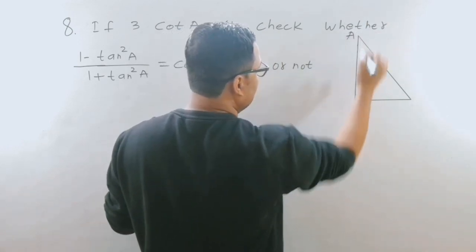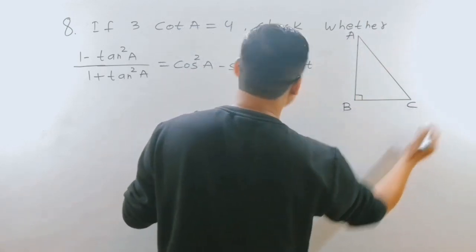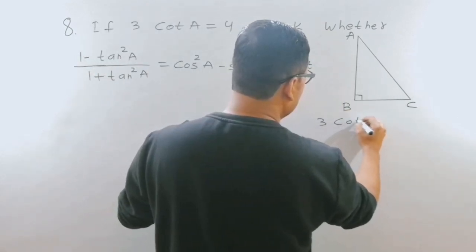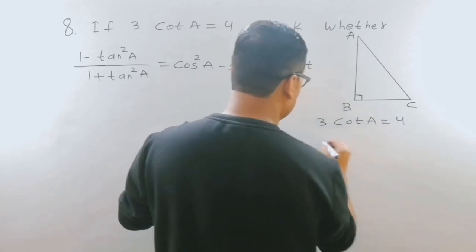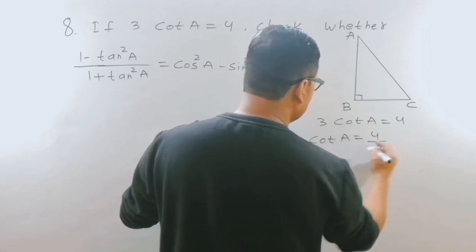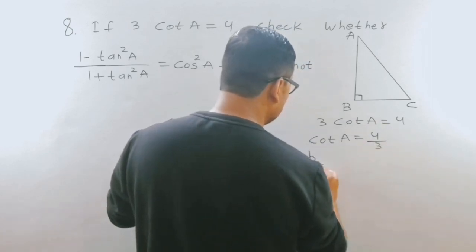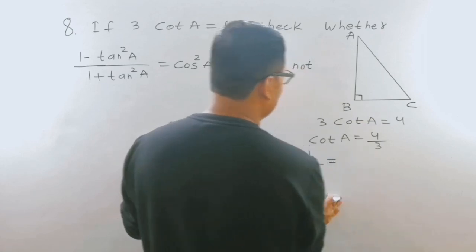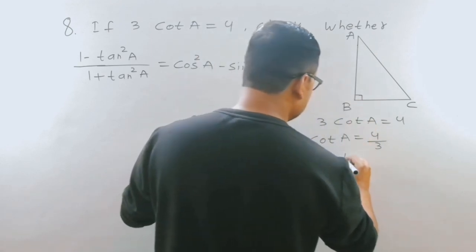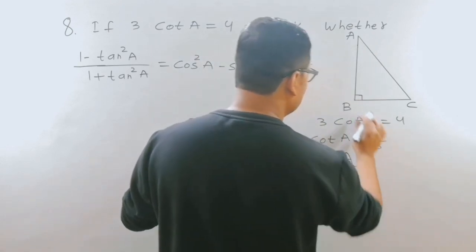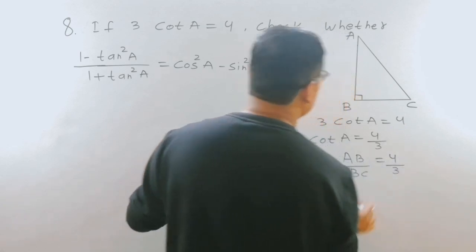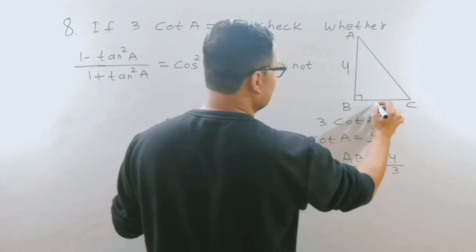Now, I will take it here, A, B, C. Then 3 cot A equals 4, so cot A will be 4 by 3, and we know cot equals B by P. For this angle A, base is AB and the perpendicular is BC, equal to 4 by 3. So AB is 4 and BC is 3.